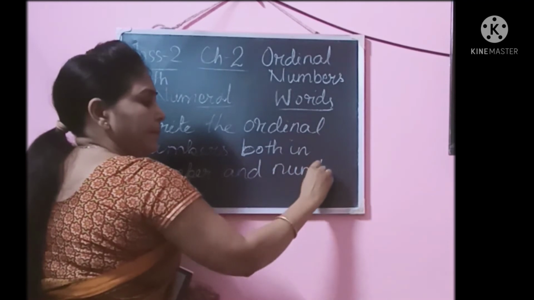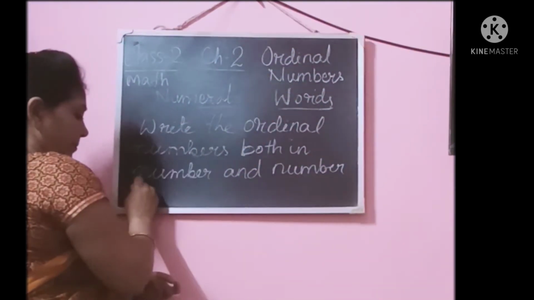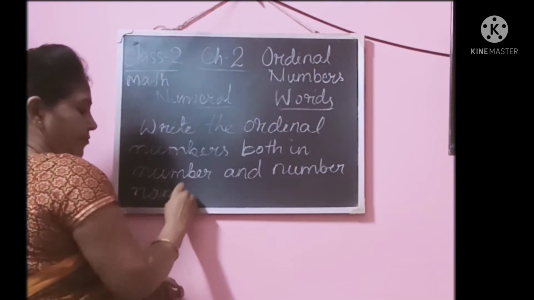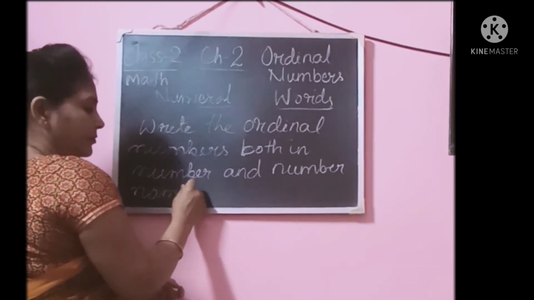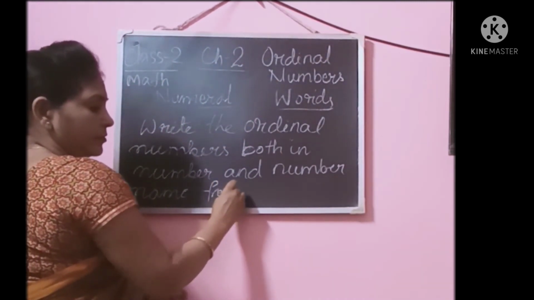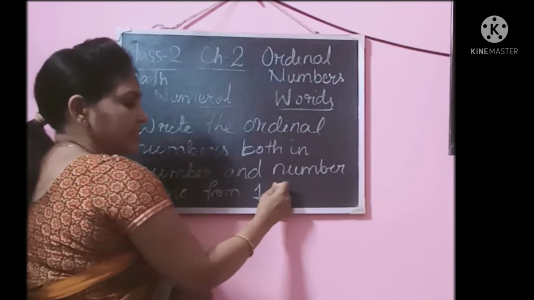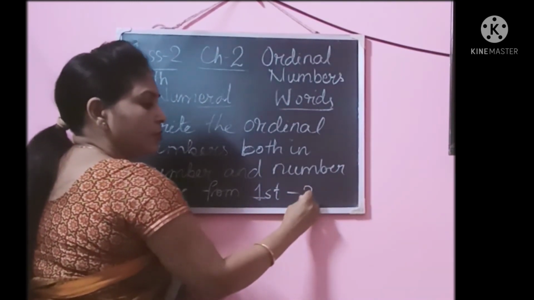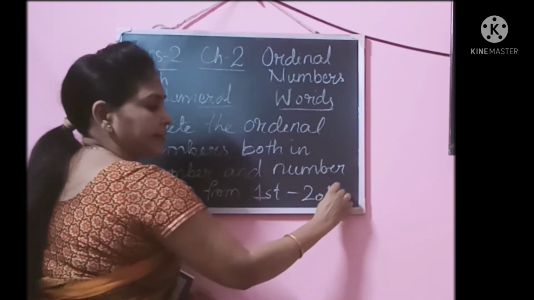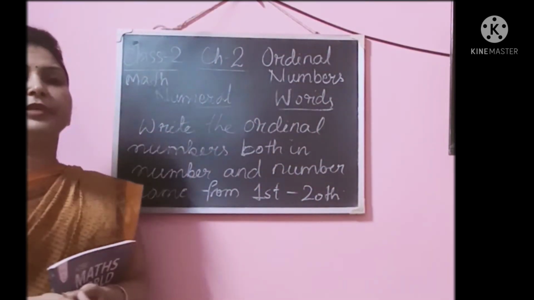You will write this in your classwork copy. I have also written some definitions, like what is a cardinal number and what is an ordinal number, with examples. All that you will write, and you will also practice at home.